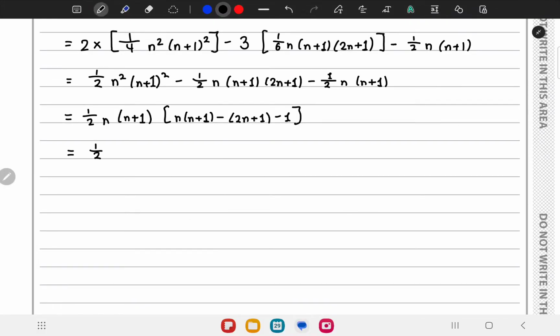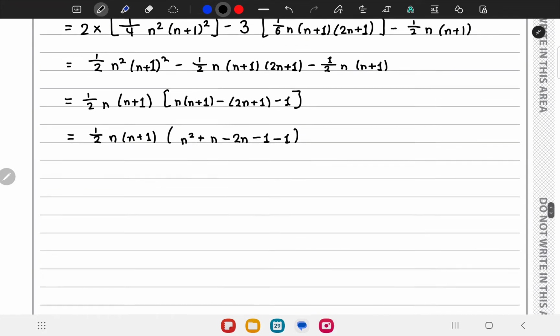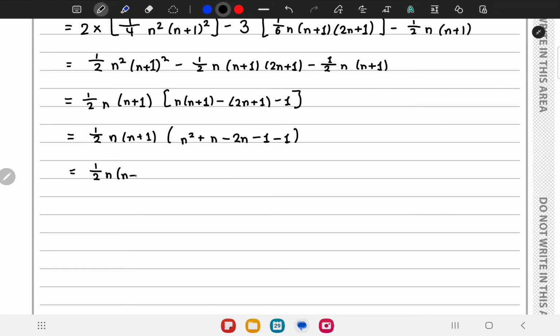So this will be half n times n plus 1. Inside the bracket we'll have n square plus n minus 2n minus 1 minus 1. The next line will have n square minus n minus 2.